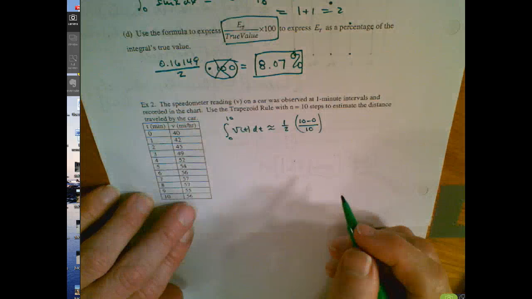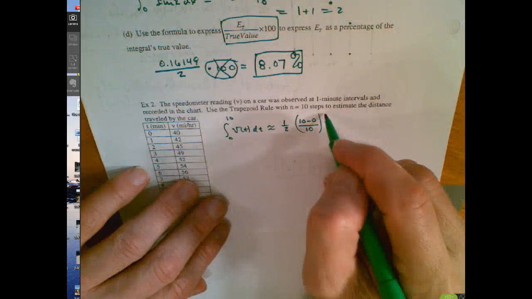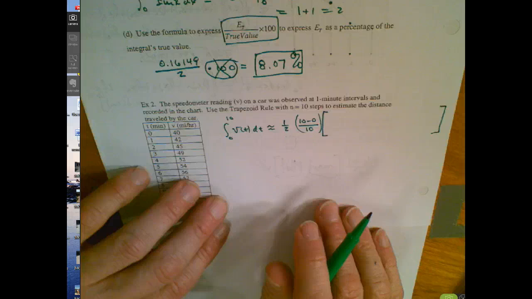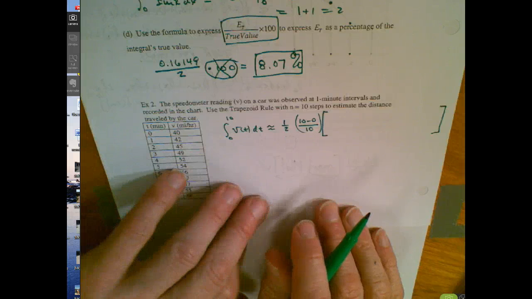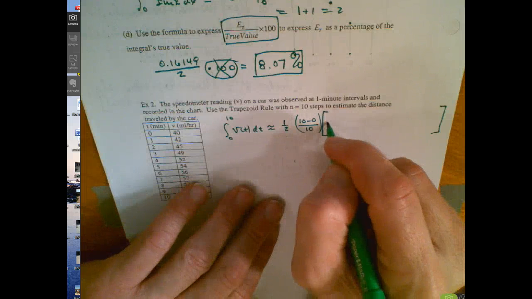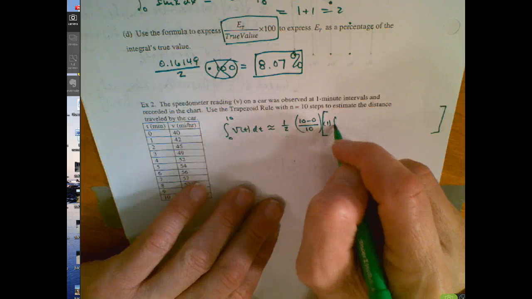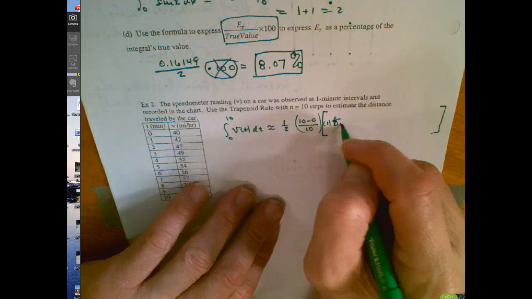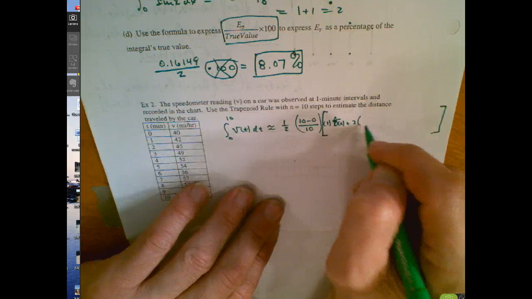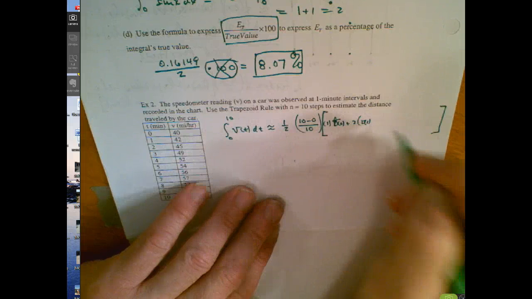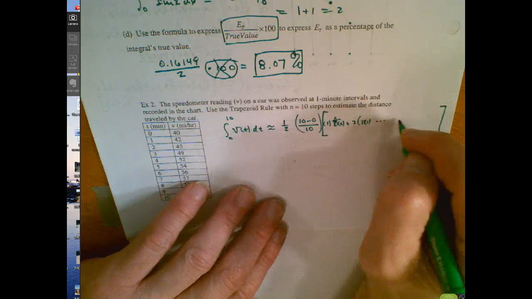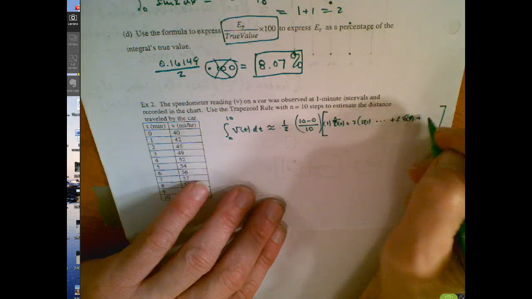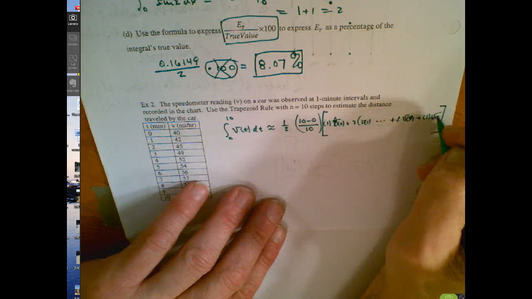So that's going to be our outside. And now in here, we have a bunch of trapezoids. There are so many here to mention, but let's just give a representation. It would be 1 times the first one, f of 0, in this case v of 0, plus 2 times v of 1. And we would keep going until we got to 2 times v of 9. Then we would finally add 1 times v of 10.